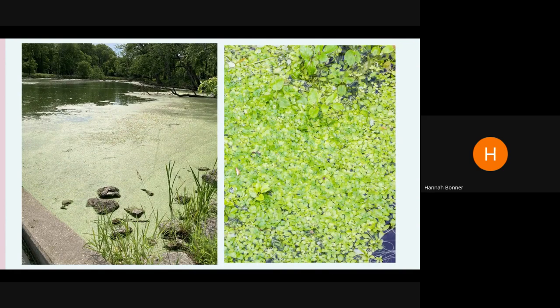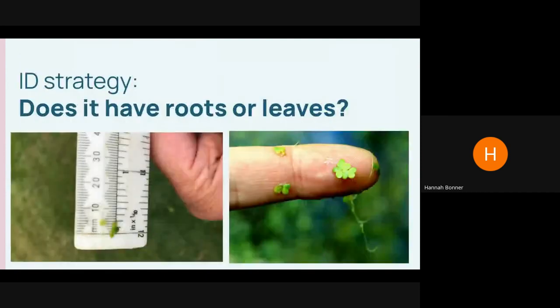And you can see here on the left, this could easily be mistaken as a bloom from a distance. But once you look a little bit closer, you're actually going to distinctly see leaves and roots. And so it's really easy to tell duckweed apart from a harmful algal bloom, because if you see roots or leaves, you know it is not cyanobacteria, it is not a harmful algal bloom, it's not a problem for the water body. So that's how you tell apart this imposter.